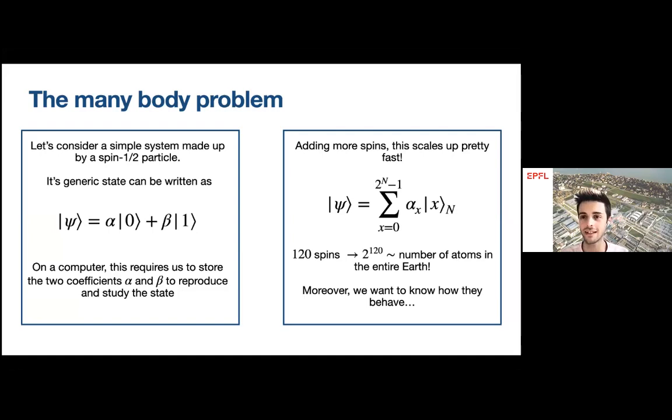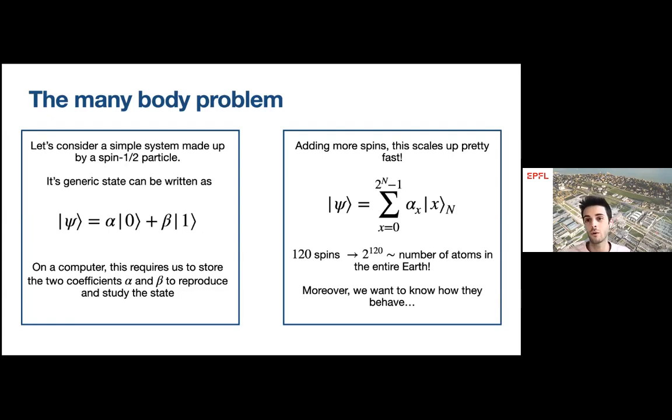That is more or less the number of atoms in the entire Earth. So if I want to store this wave function completely, the most generic wave function, even if I use only one atom to store each of these complex values, I would need an entire Earth of atoms to store this wave function, which is incredibly difficult for our computation.